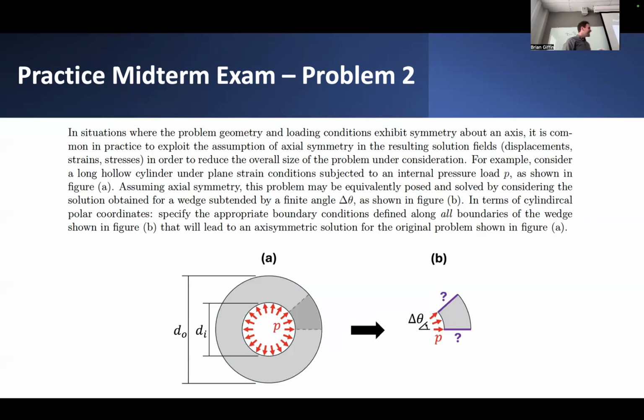So yes, sigma r theta has to be zero on this inner surface. What about this pressure? What do we do about that? So sigma RR is the thing that we're constraining. And really, it should be proportional to this pressure load that we're imposing on that surface, the inner surface.